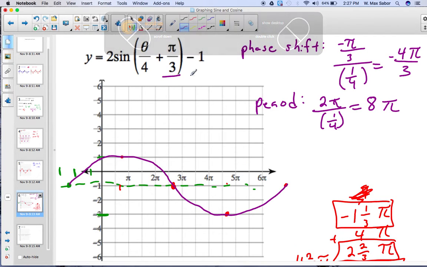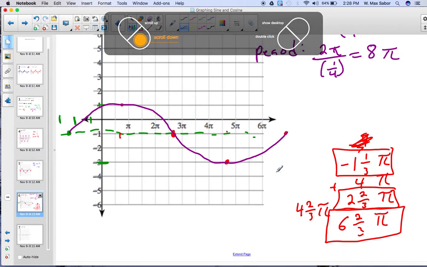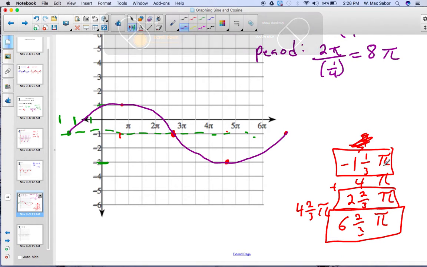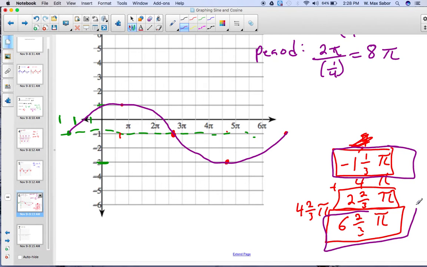Once again, what we did was we shifted it down 1, we stretched it with an amplitude of 2, shifted it left by 4/3 pi, and then we have to expand it over a whole period. Because the period was 8 pi, I knew that it would return 8 pi later.